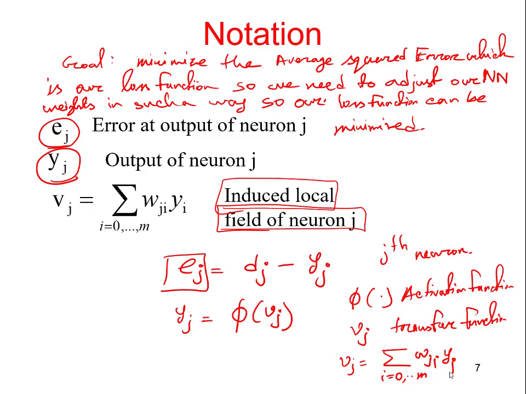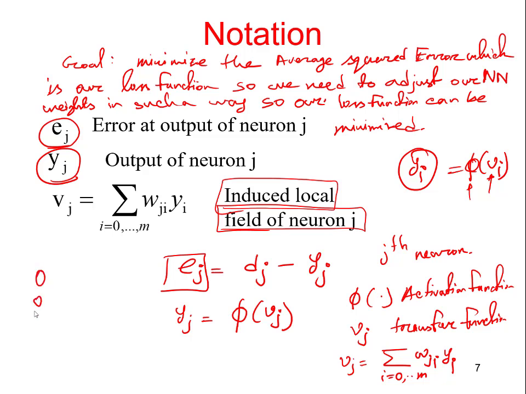Because the output layer is connected with the previous hidden layers, those are also neurons, and they generate the Yi's. That means they generate phi of Vi. What is Vi? Vi is the incoming transfer function of those neurons, and phi is the activation function of the ith layer, and the outputs of the ith layer will be the Yi's, which connect to the jth layer, which is considered the output layer.